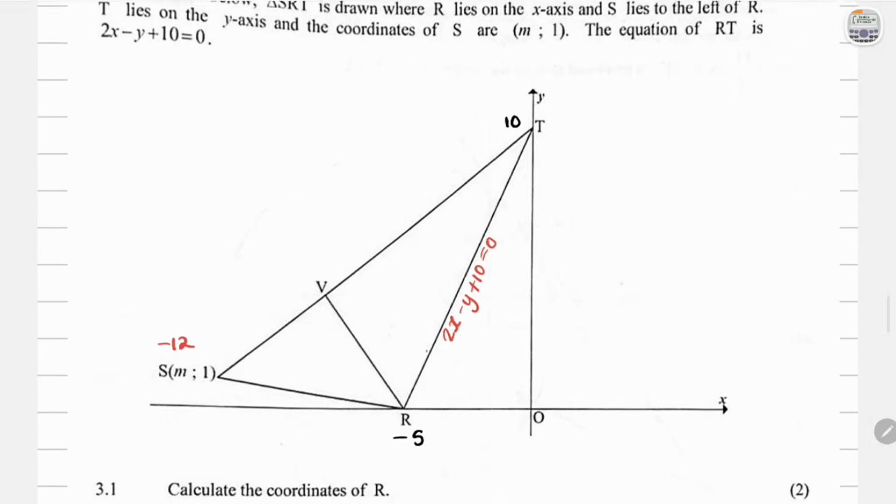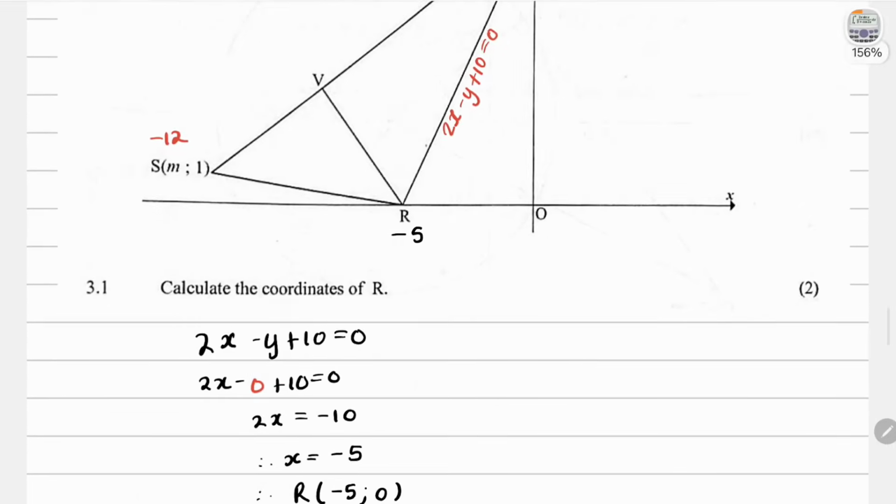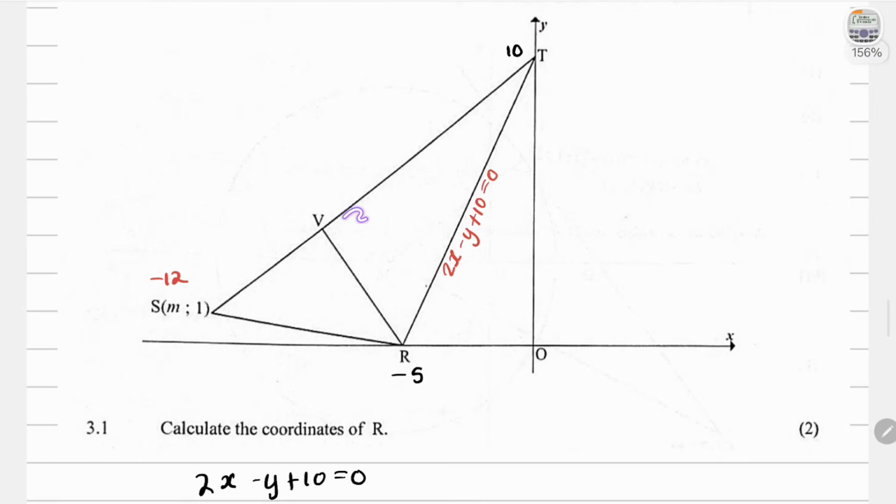Now that we have the gradient of VR, what else do we need to find its equation? Remember, the equation of a line is y equals mx plus c. We found the m part, so we need to find the c by using 1 point on that particular line. So since we're talking about this line VR, you see that we have the point -5, specifically (-5, 0).